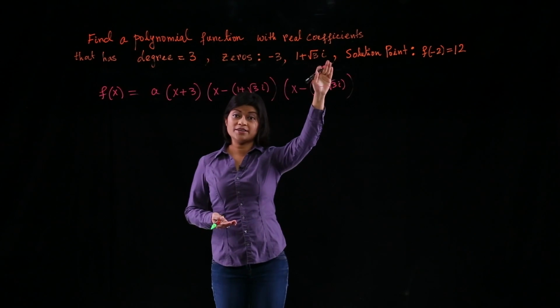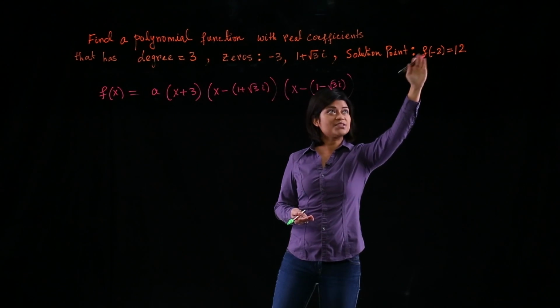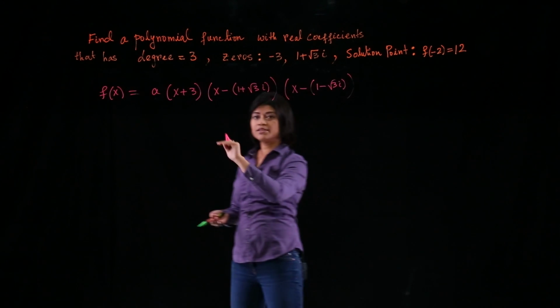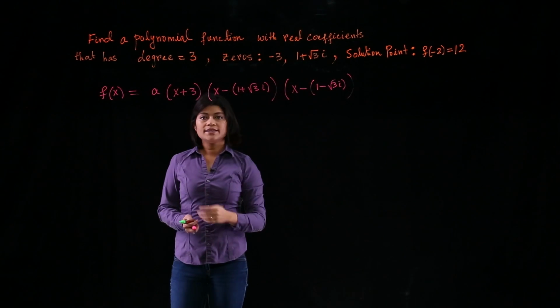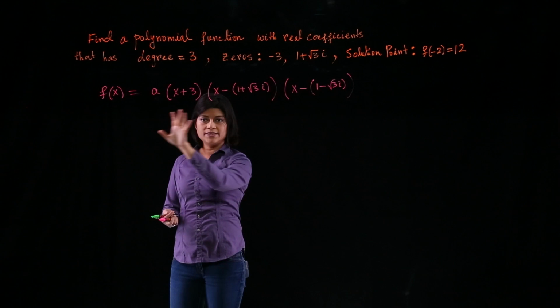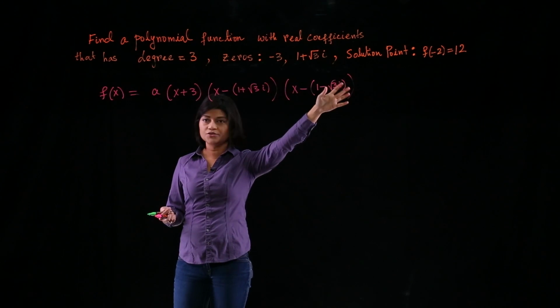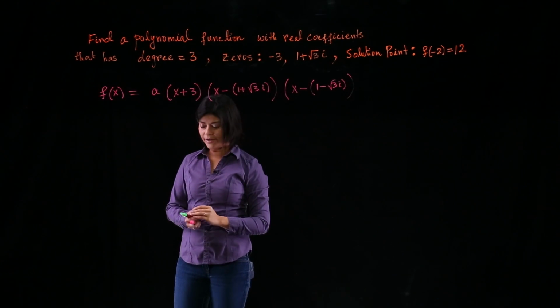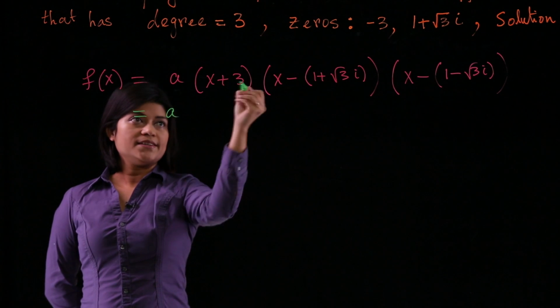We haven't used one other fact that's given to us, and that is the solution point. So this will help us figure out the value of a. Before we do that, let us simplify first. Let's find out what this function will look like, and then we'll plug in the values from the solution point and figure out a. So keep the a as it is.